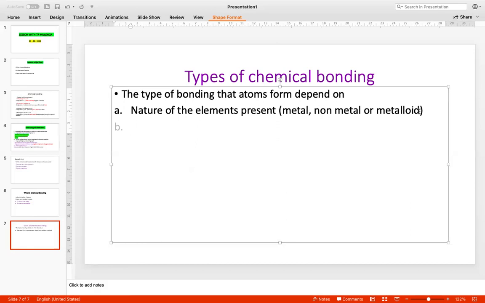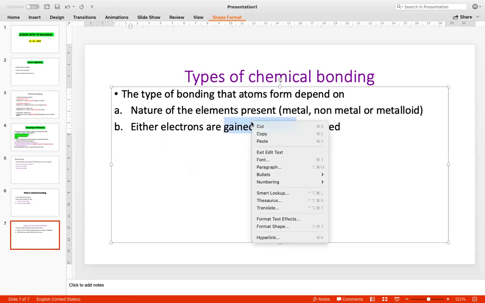The other way in which the type of bonding depends is on whether electrons are gained, lost, or even shared. Of course, gaining and losing are the same, because when one loses, the other one must gain.